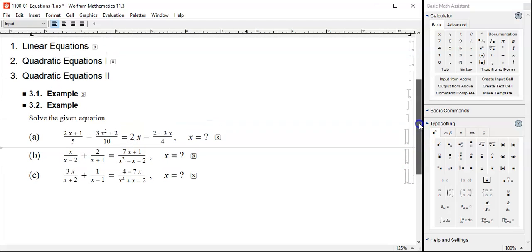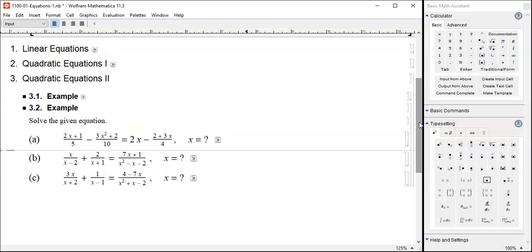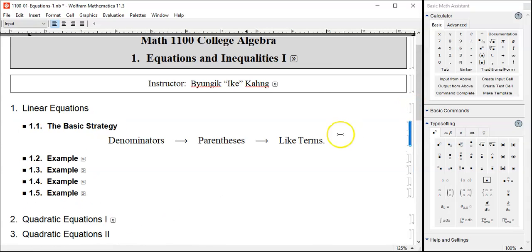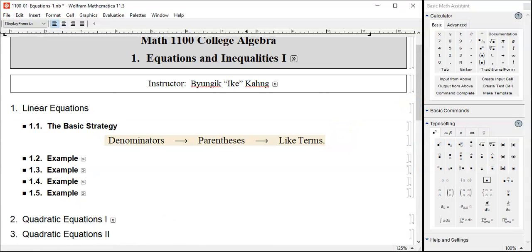Next, we have a little bit harder problem here, apparently. But still, we are talking about some LCD, least common denominator, to remove all the denominators, you see? The universal technique is this one: denominators first, parentheses, and then like terms.